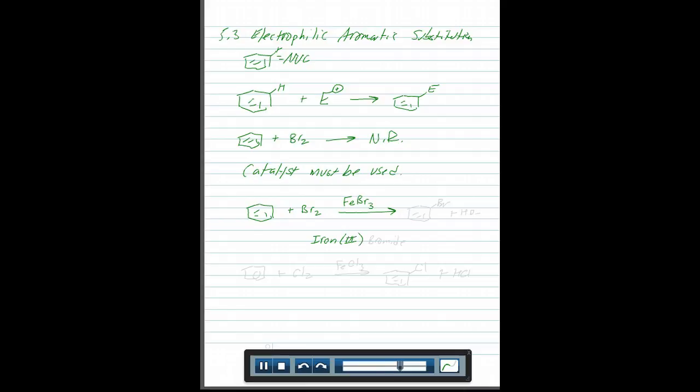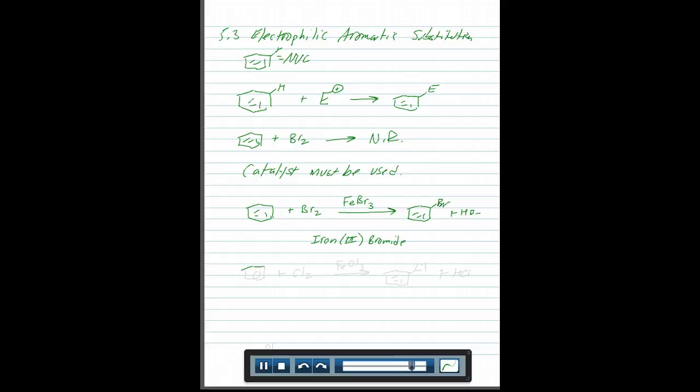Iron is a transition metal, so you have to write the Roman numeral. Iron 3 bromide, and what you get is a bromine on plus HBr. So one bromine goes on the aromatic ring, and the other bromine hooks onto the hydrogen, and then your iron bromide, obviously it's a catalyst, so it gets regenerated.